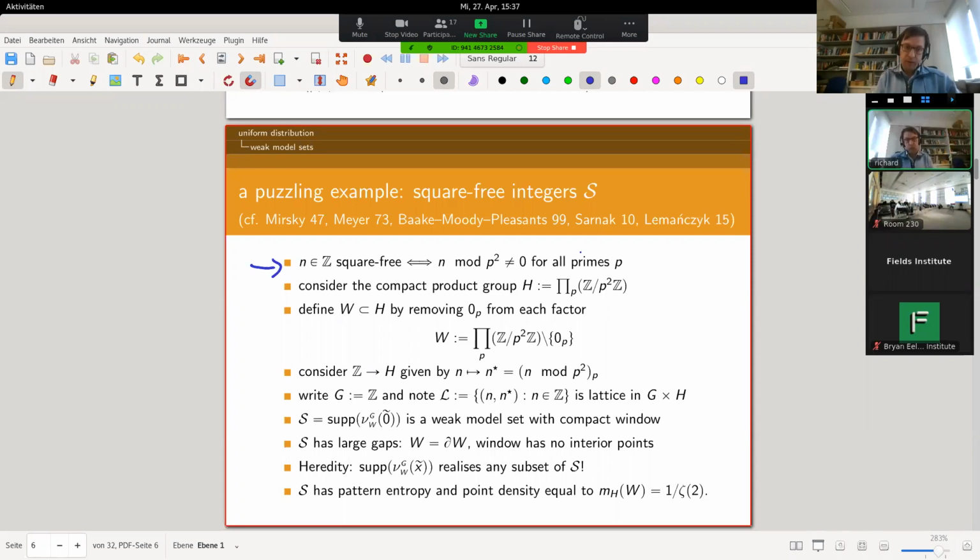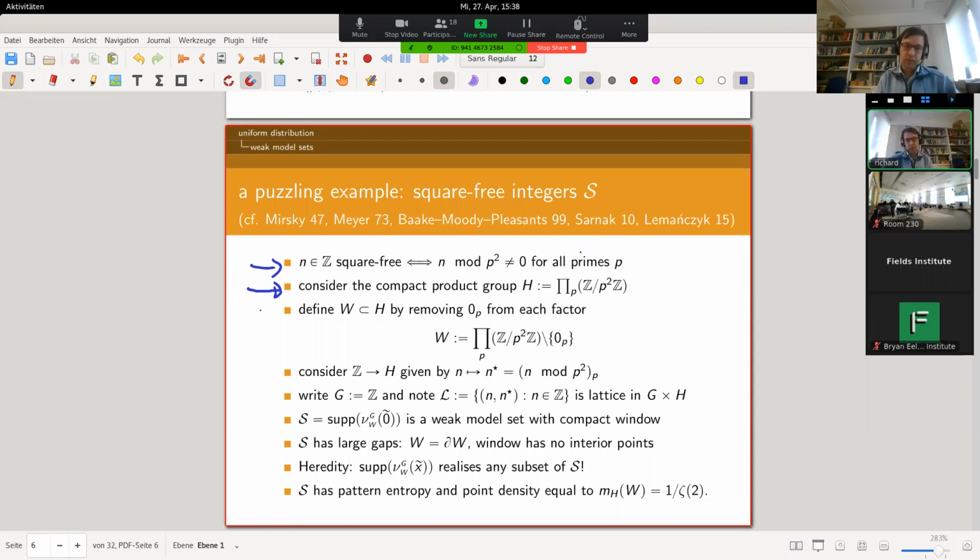So in order to put this mathematically, you could just look at the corresponding group H, where you collect all of the residue classes for each p. It's an infinite compact group consisting of finite components. And the idea then is, of course, an integer is square-free if this reduction modulo p squared is always different from 0.